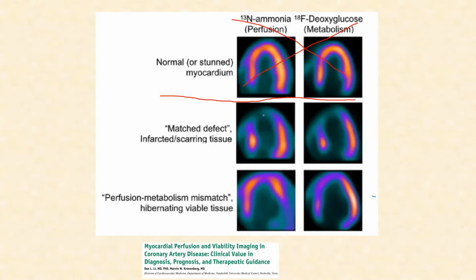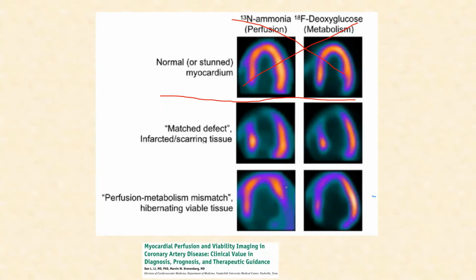That's a perfusion defect. We also have metabolic defect. What is the meaning of that? No perfusion, no metabolism. When you don't have perfusion and you elicit no metabolism in that part of the myocardium, that is non-viable tissue, scarred, because fibrous tissue is not metabolically active.